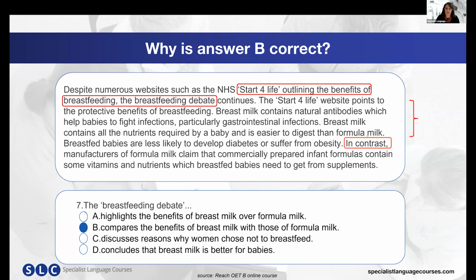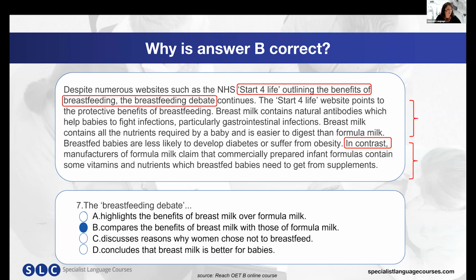Then we notice this in contrast statement, but again, we have to read quite carefully to discover what is being contrasted here. So here, perhaps it is the claims that are being contrasted. However, we are also given benefits to formula milk as well. So we're given benefits of breastfeeding and benefits of formula milk here. So B is our correct answer.